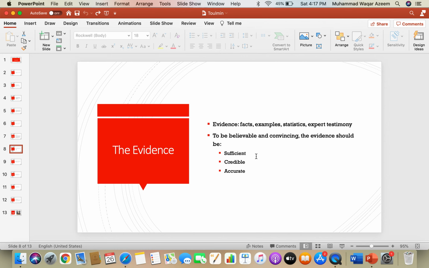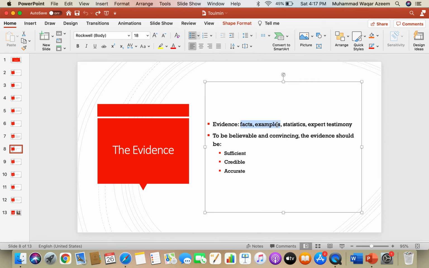What is evidence? Evidence is facts, examples, statistics, or experts' testimony about the claim that the writer has made. Now, to be believable and convincing, the evidence should be sufficient, credible, accurate. So the evidence that the writer provides should have those three elements in it.